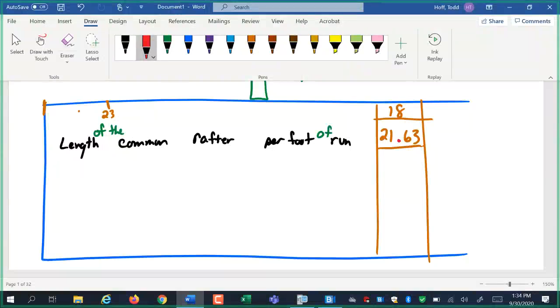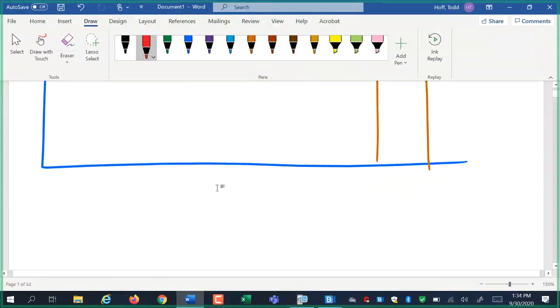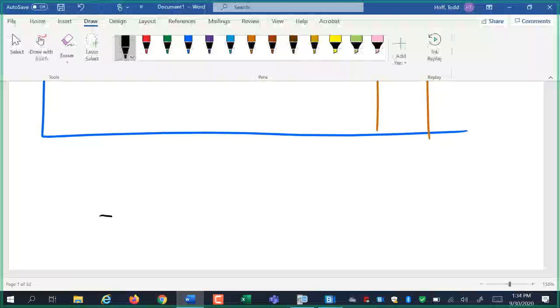So what that is saying is for a common rafter, and a common rafter is just simply you have a run, you have a rise, and the common rafter goes across there like that.